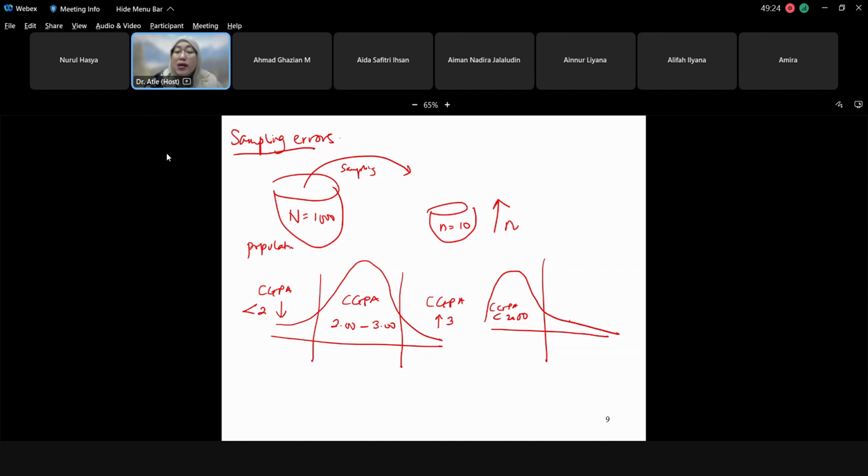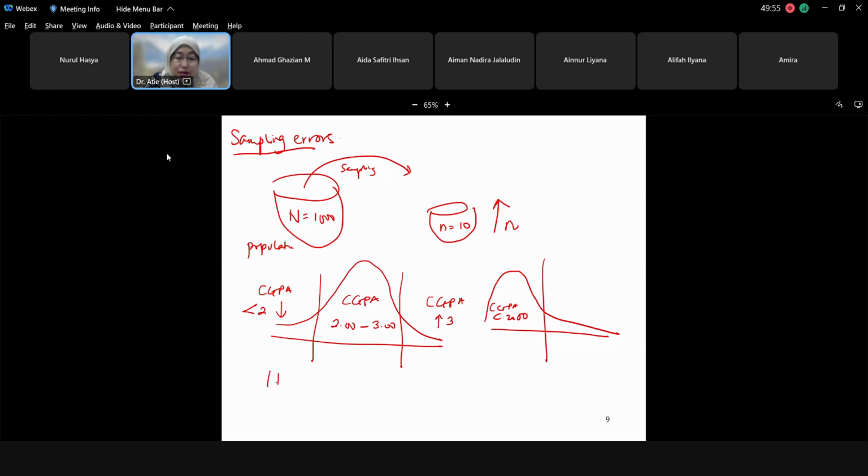It means that sampling errors will occur, and the results that they get cannot be accepted, they won't be valid. This is what we call sampling errors, where the errors come from the sampling process. Understand? Okay, the next one is non-sampling errors.